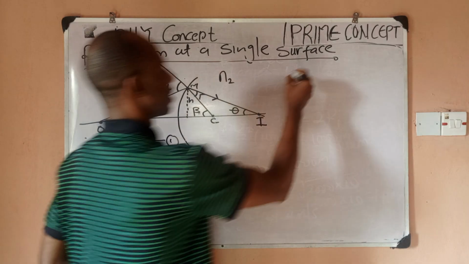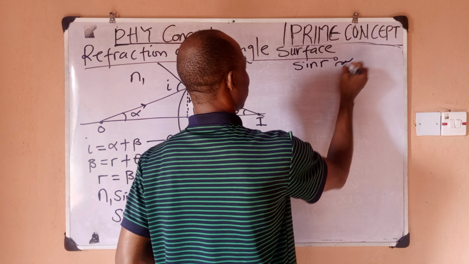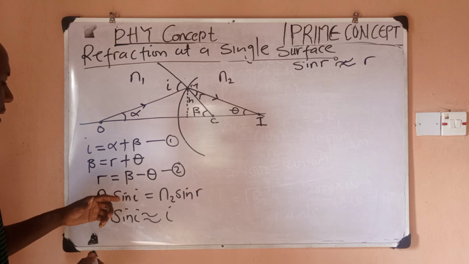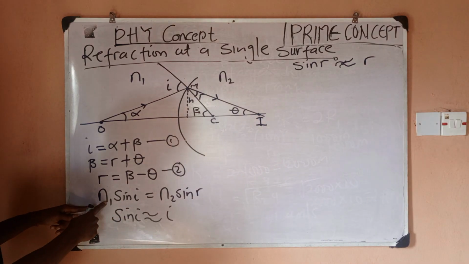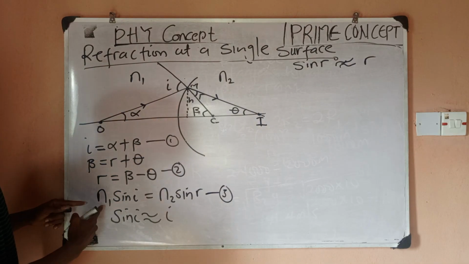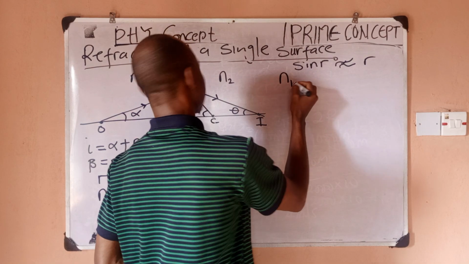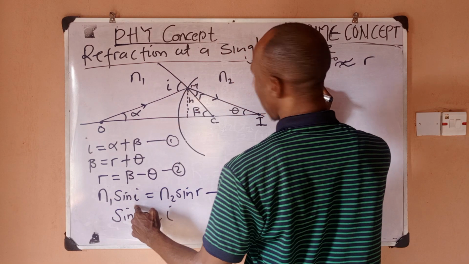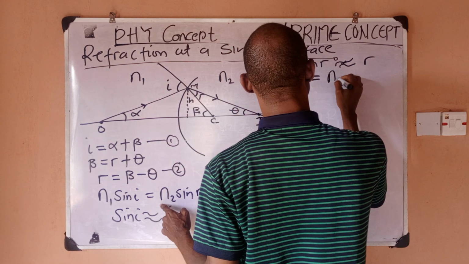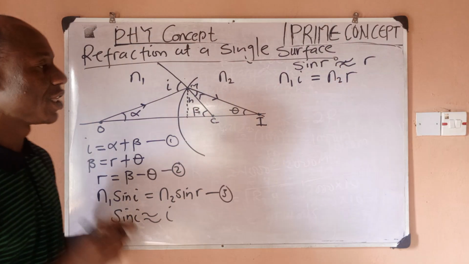So we can also assume that sine R is approximately equal to R. If this is true, I can come back to this equation, which is equation 3, and I would have N1 I equals N2 R, because they are now approximately equal.